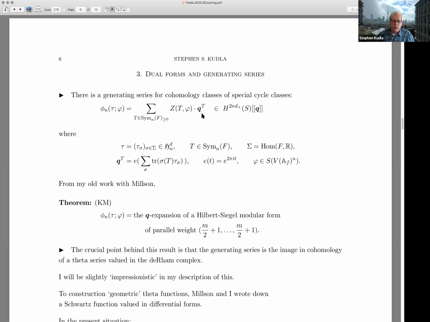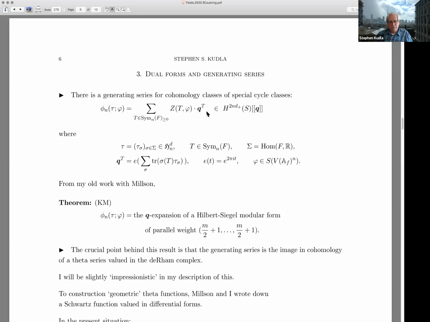And you make this formal generating function Z(t, phi), which is a cohomology class, times q^t, and this is a formal q series, where q^t really means e^(2 pi i trace(t tau)), where tau is a Hilbert-Siegel variable. Okay, so there are d copies of the Siegel space of genus n, and you take a Hilbert-Siegel variable, and this is the usual thing. Phi here, of course, is a Schwartz function.